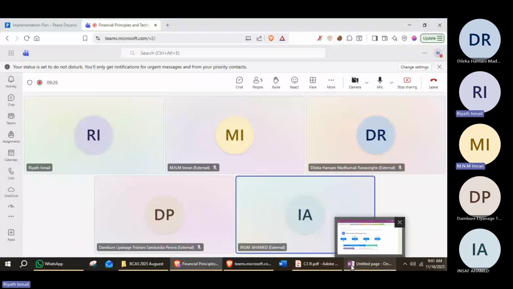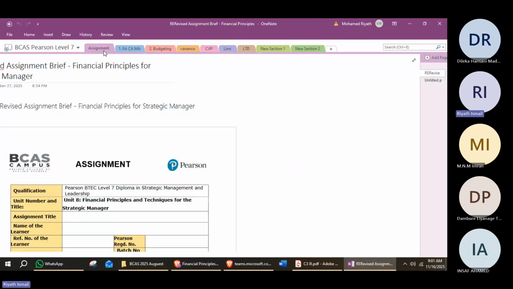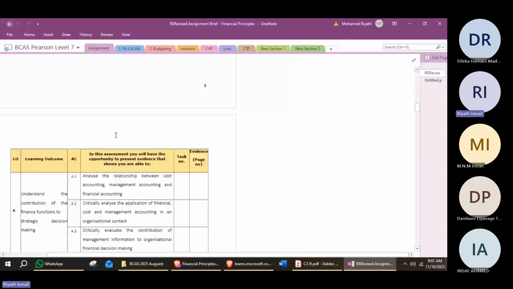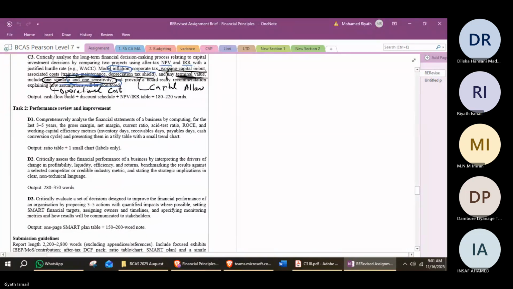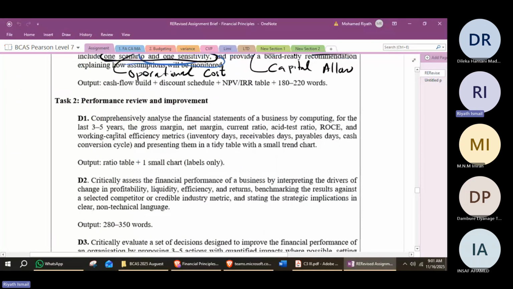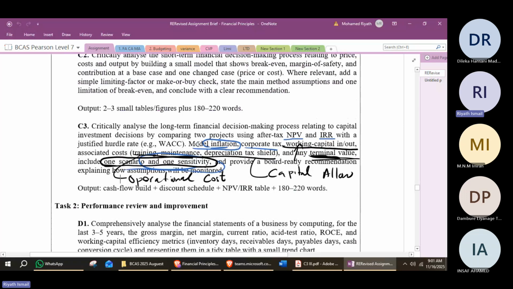Okay, now we enter the last session. So we have to discuss one more thing, especially in the previous unit.